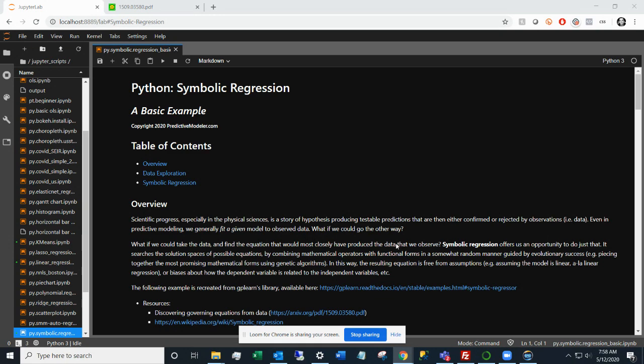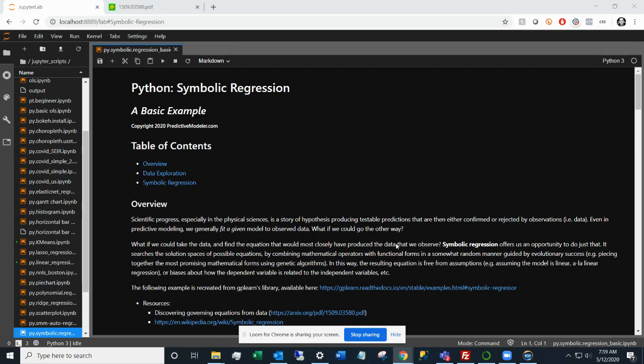Say, I hypothesize that the relationship between the independent variable and the dependent variables can be one of these three forms. And then you check those three forms, you do the work, and you find out that two of those forms don't really work, and the third one works. You know, what if you could skip all that and just have the data tell you what equation generated it?